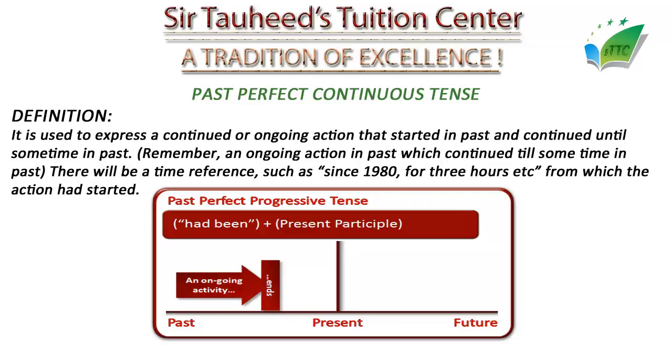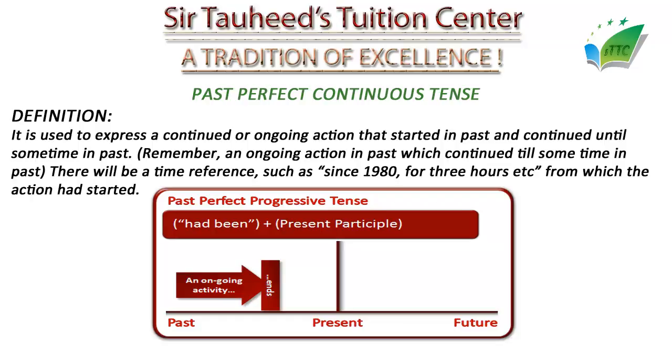With the help of this tense you can express those actions which were continued in the past time and they were completed in the past. Means in the past given time they were completed. They were not actually going on. They were completed or stopped.